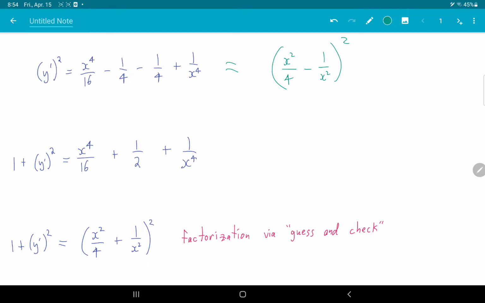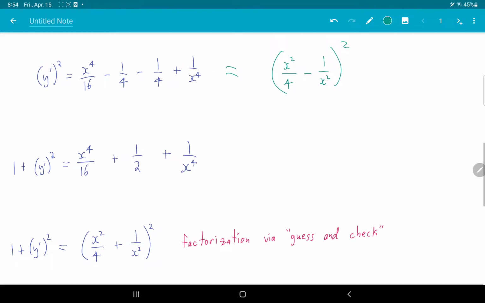Okay, this is a bit artificial. We've cooked up these examples so that they factor this way, or sometimes we cook up the examples so that they factor nicely. And again, we are doing a guess and check, but if we look at what happened above, we're able to make an educated guess.